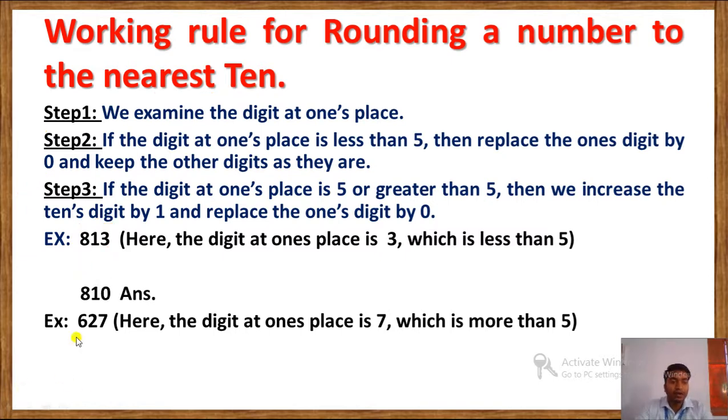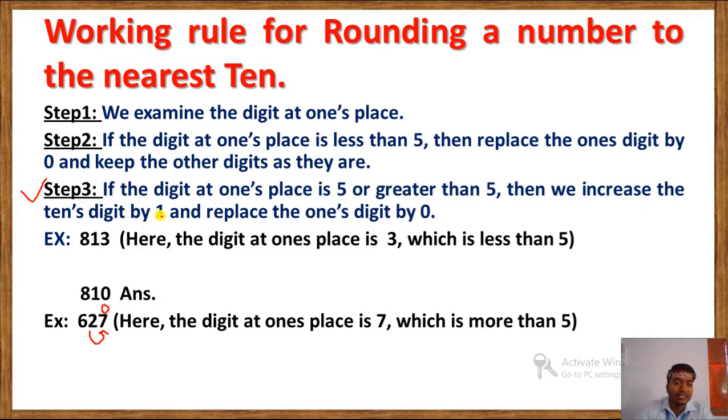Now see example number 2, 627. According to step number 1, first we check the ones digit. On the right side of the tens we have 7, and this is the ones digit. Clearly 7 is more than 5, so we follow this step. If the digit at ones place is 5 or greater than 5, then we increase the tens digit by 1.